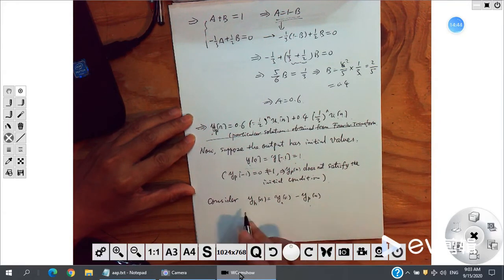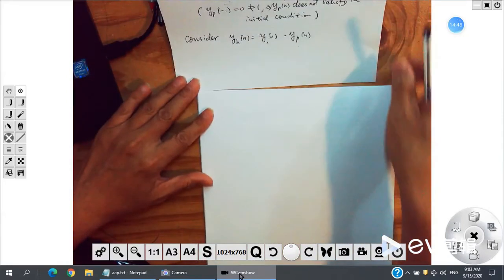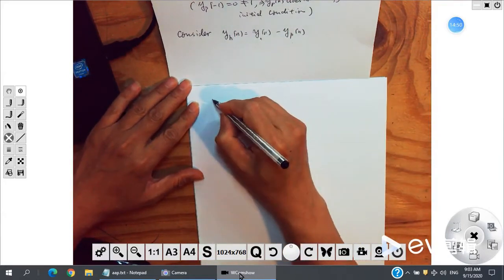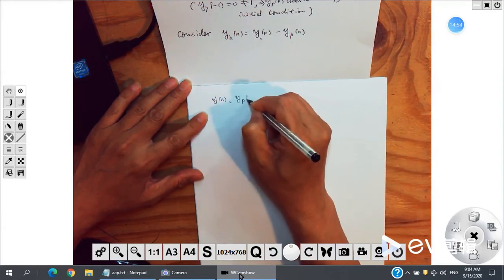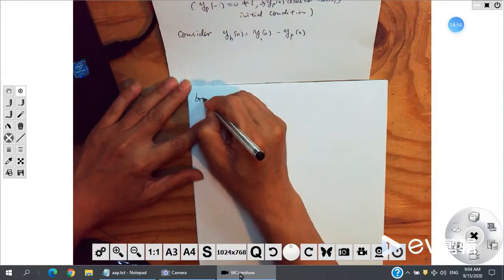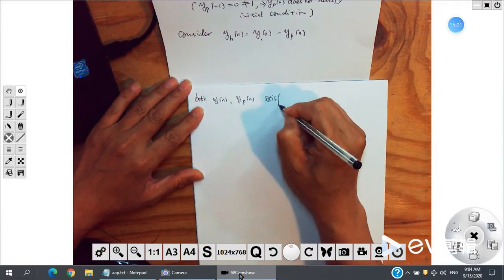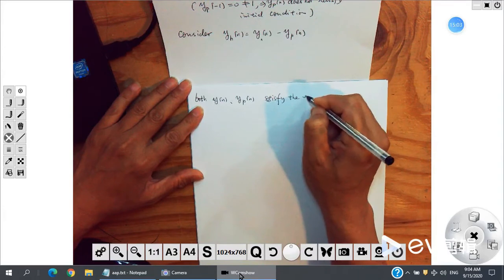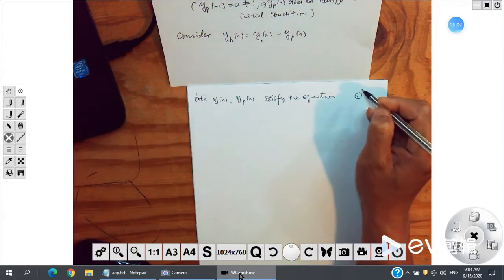We consider this one. Okay, so we know y of n and yp of n both satisfy equation 1.